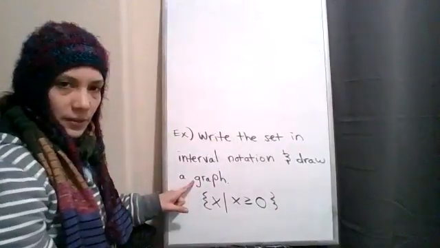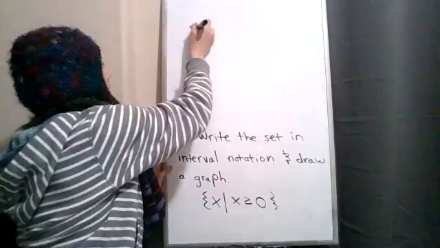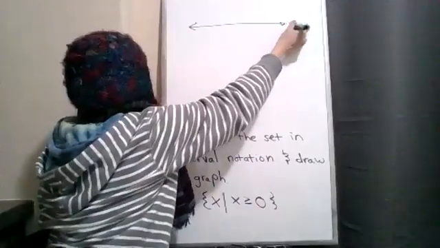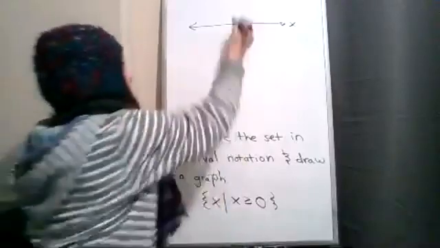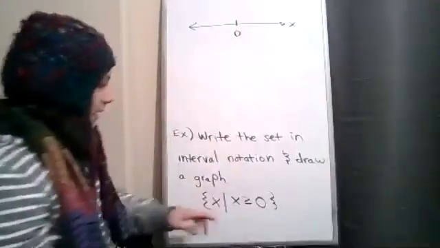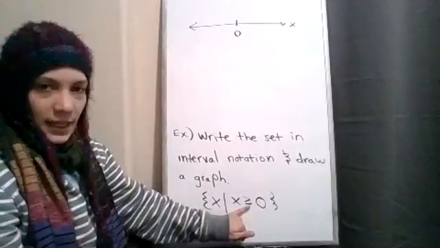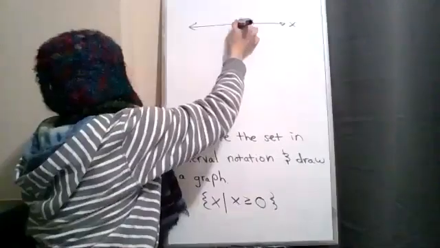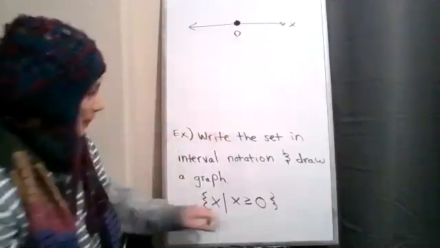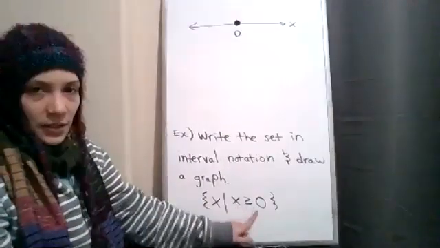I'm going to start with the graph. We have x values here. We need 0 on our graph. This line here means include 0, so we'll put a solid circle. And x values that are greater than 0.